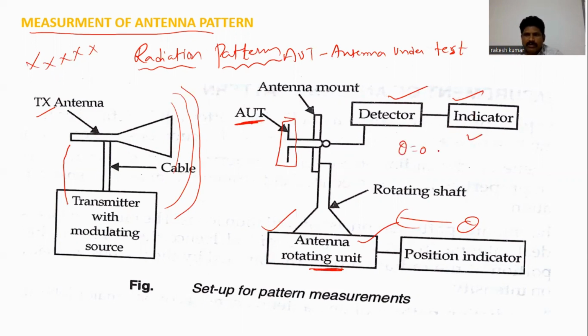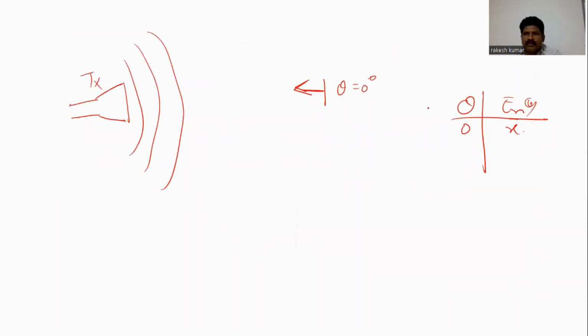At theta equal to 0, I noticed X in this indicator. For example, for theta equal to 10 degrees, I will rotate my antenna by 10 degrees using this antenna rotating system, and note down the value.